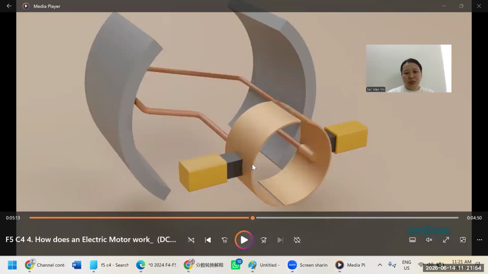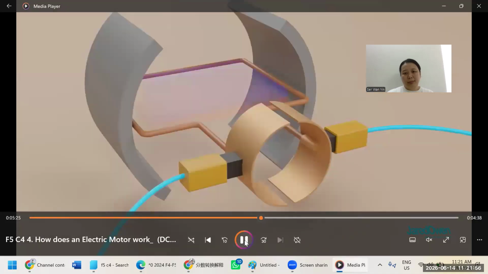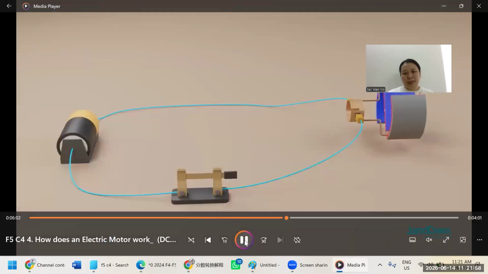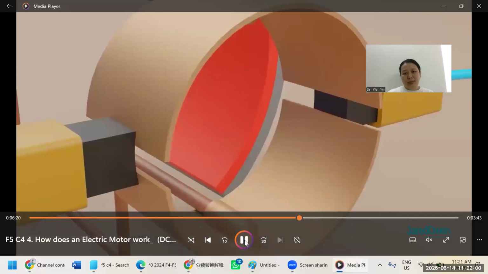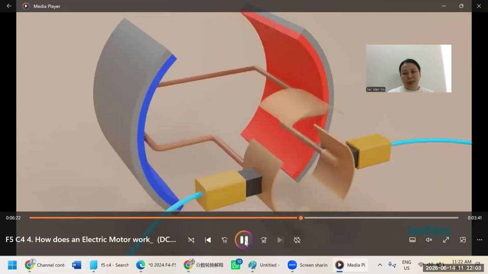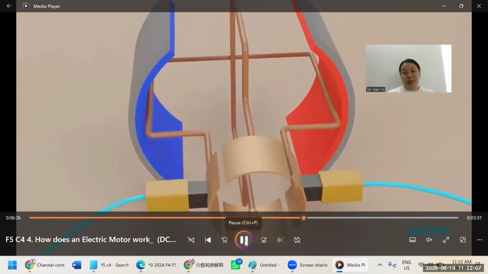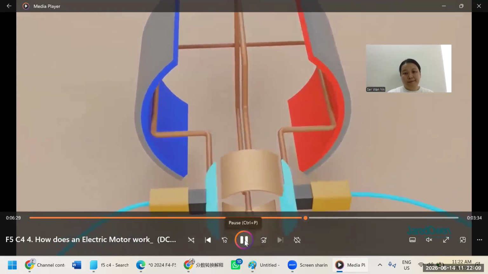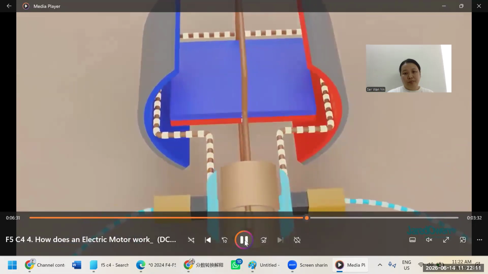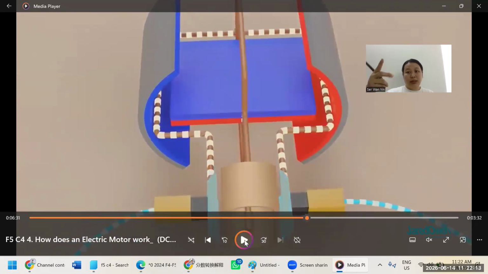So what we do, we put more commutator. You can see just now from one become two.